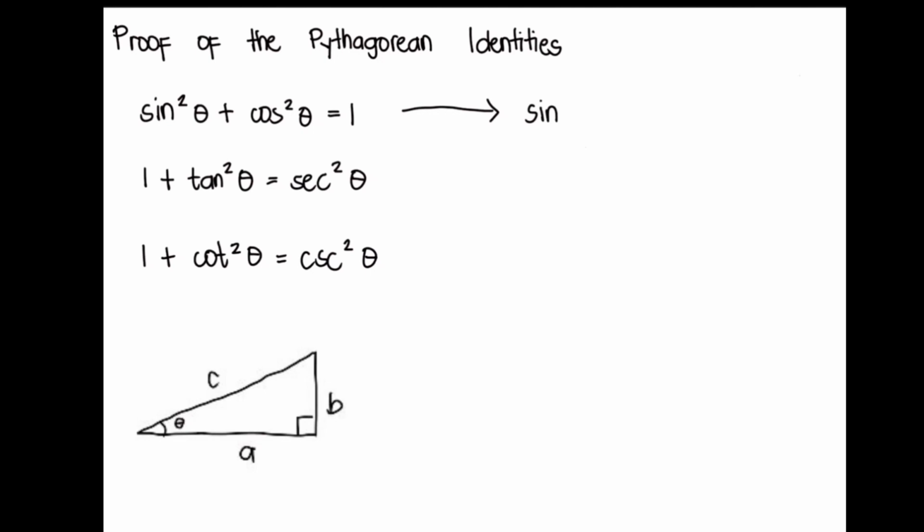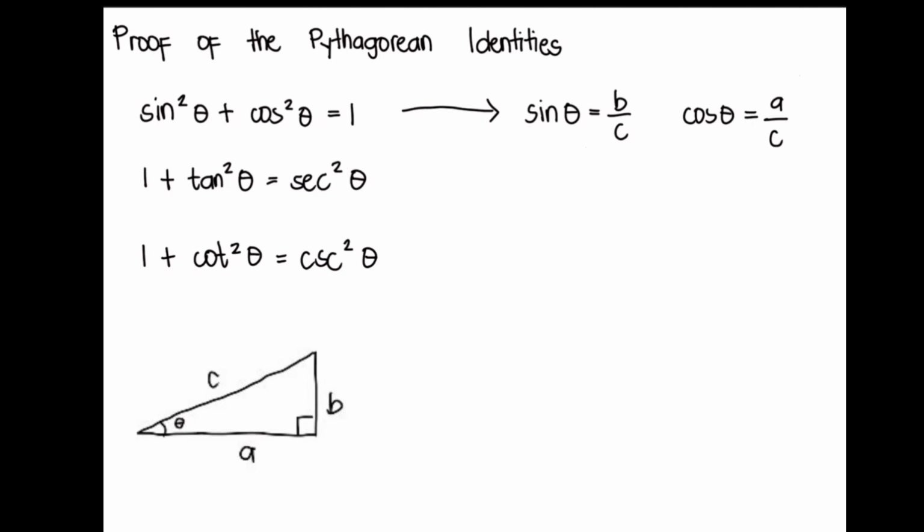Sine theta, when it comes to this triangle, would be opposite over hypotenuse, so b over c. Similarly, cosine theta, which is another term in the expression, is equal to adjacent over hypotenuse, so a over c.